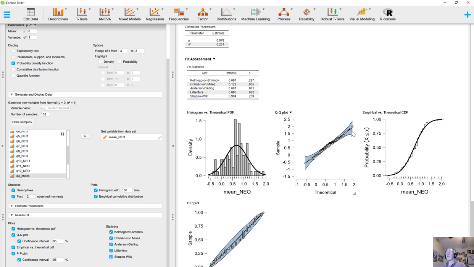So this gives you an easy way to visualize whether or not this distribution's normal. This is a cumulative distribution, and the cumulative distribution should be a nice little S shape.